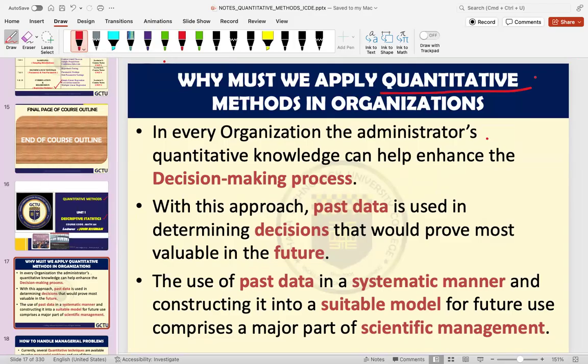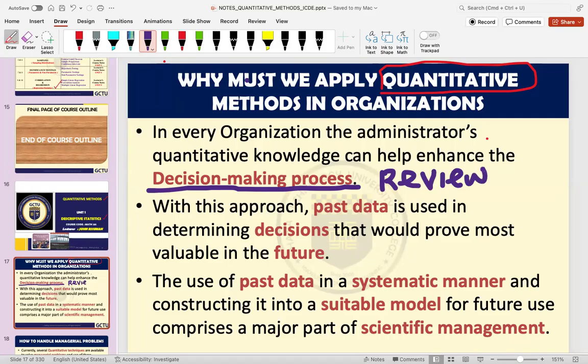And so why must organizations apply quantitative methods? It's because, like those of you already in business, there is always a decision-making process, because you always have to review your business.